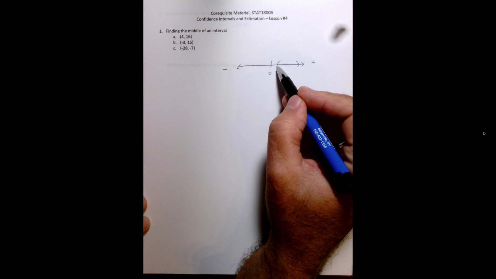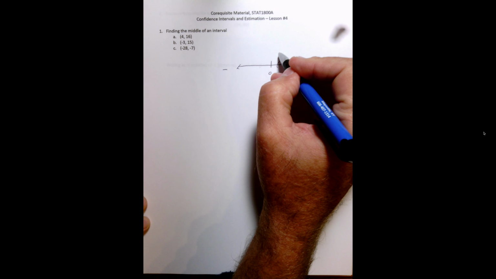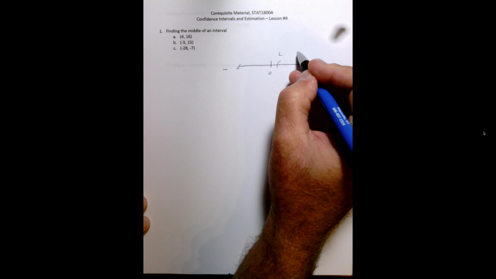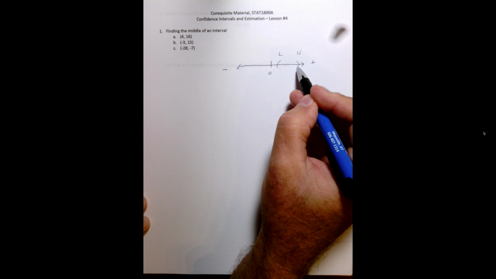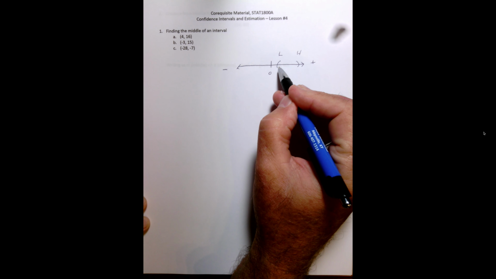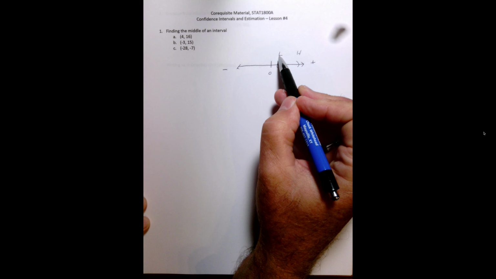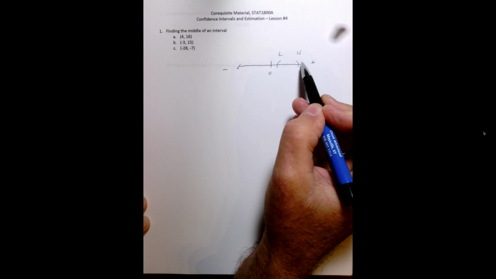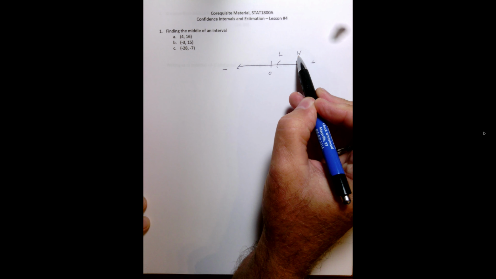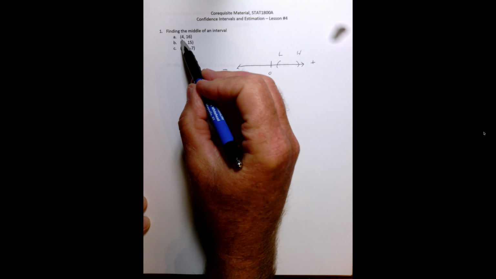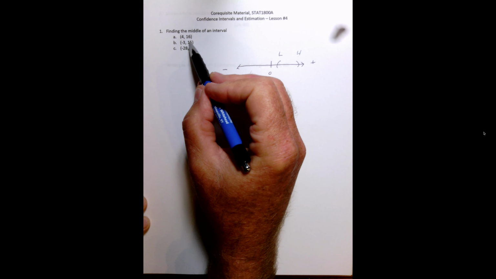Since the number on the left has to be smaller than the number on the right, because numbers to the right are bigger, I can call this my low value and this my high value.